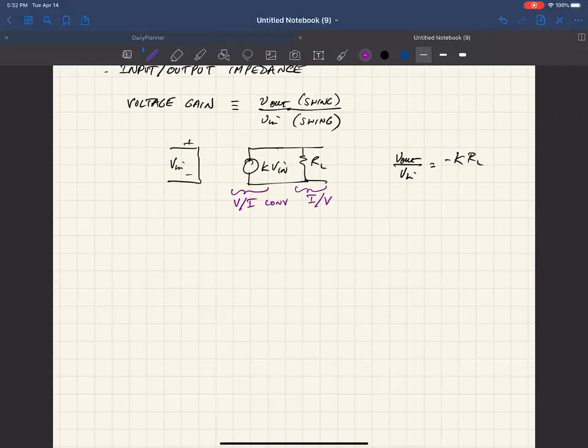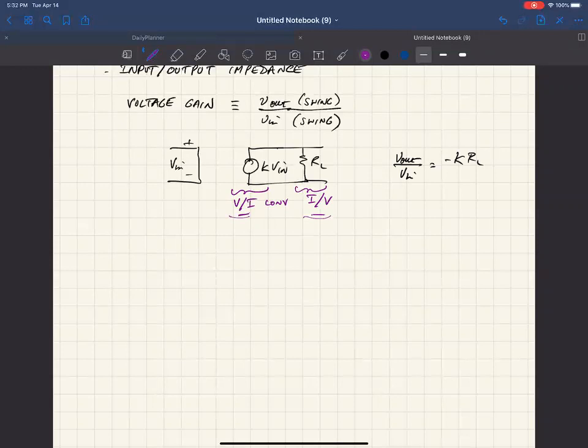And basically by doing this, one way to look at it is you're changing the ratio of voltage to current conversion on the input and current to voltage conversion on the output to get your voltage gain, is the way I look at it.